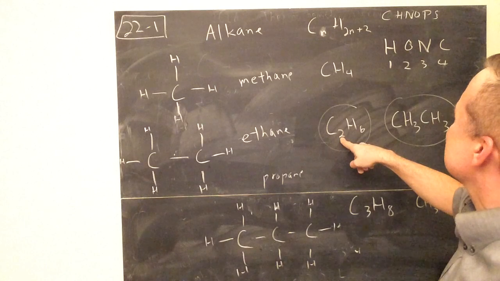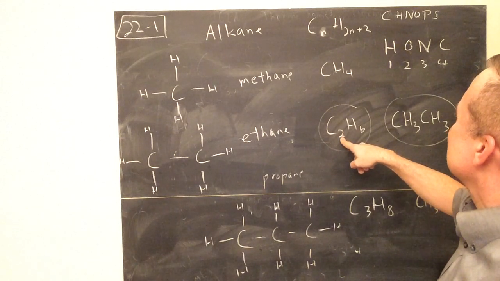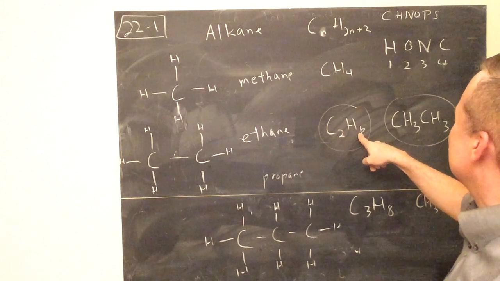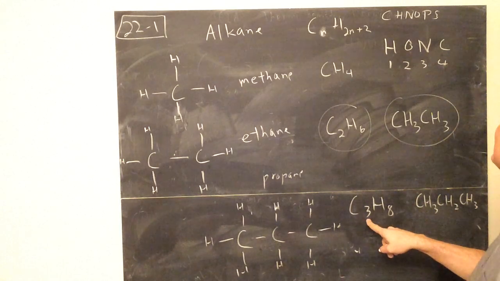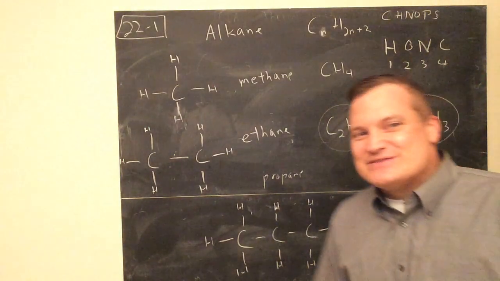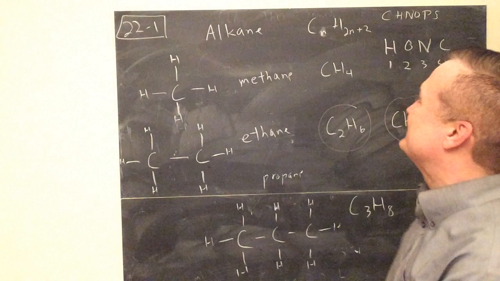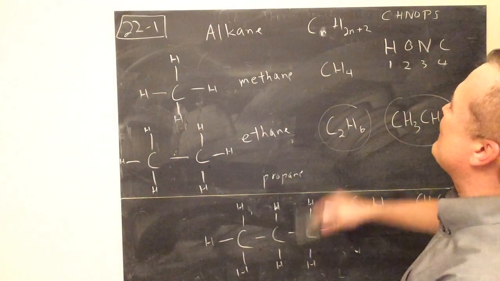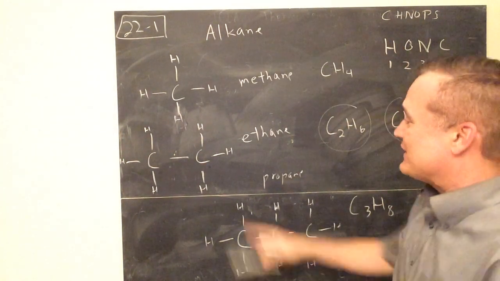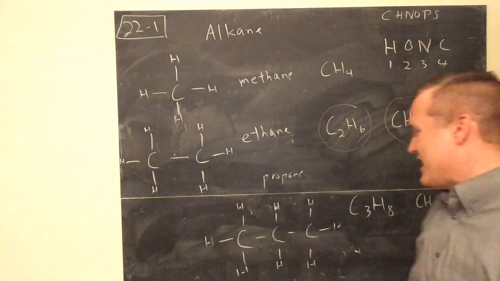For n equals 3, 2 times 3 is 6, plus 2 is 8. You know, I don't even use that formula. You can look in your book if you want to, but I just write them down, and that way I remember it.